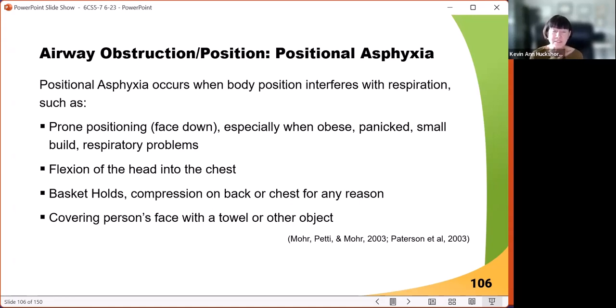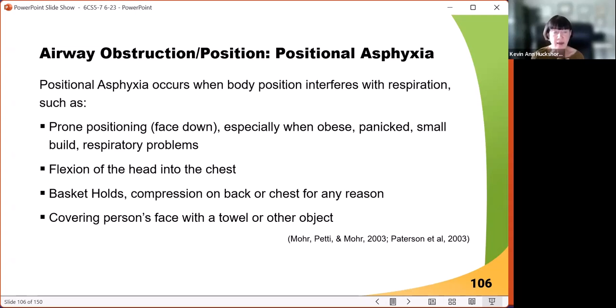Another reason prone positioning is so dangerous is that you can't see the person's face anymore, and it's the first thing that will tell you they're in trouble. But many states, not most, have outlawed prone positioning or mandated a special order for prone positioning in case there's some reason why it's safer for that particular person to be prone or on their side.